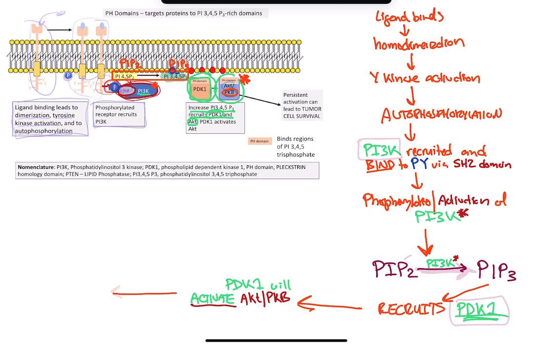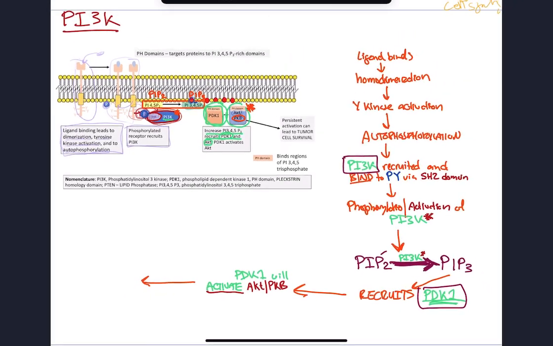And then from there, once that PKB has been activated, we're going to see continued activation, depending on what pathway we're looking at specifically. All right, guys. So it's definitely much easier, but do keep in mind the key components here: PI3K, PDK1. We know that active PI3K facilitates the conversion of PIP2 to PIP3. Right. And that's the main idea behind all of this.